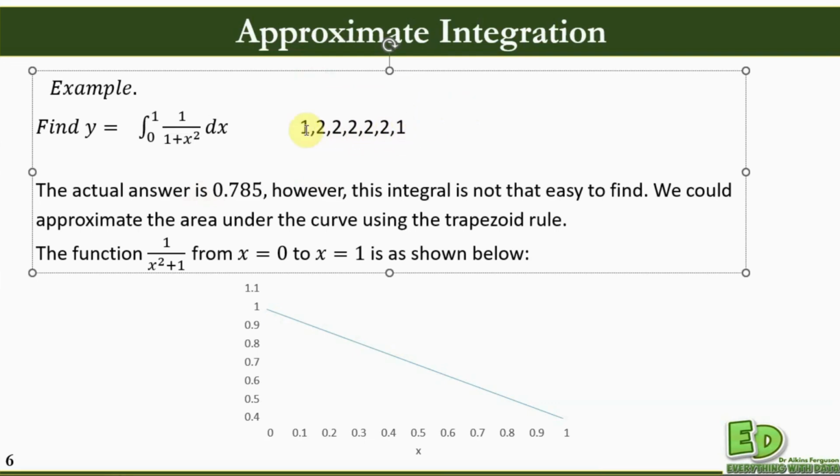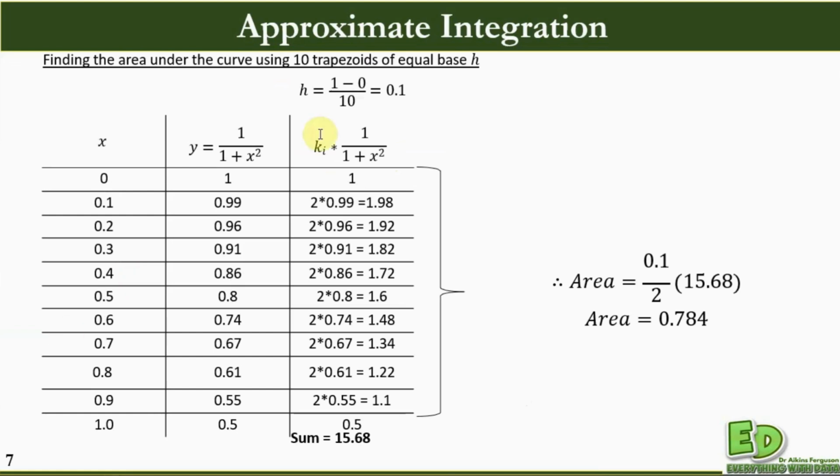All the terms in the middle are going to be multiplied by 2. So this is the coefficient we are going to use under the trapezium rule. So it's 1, 2, 2, 2, 2, 1. So that's it. This k here is representing the coefficient under the trapezoidal rule.